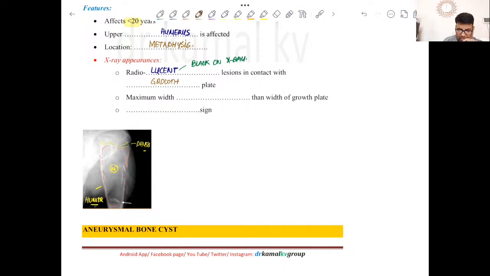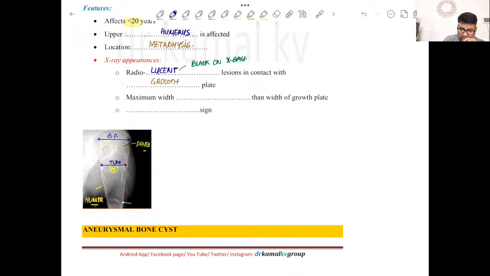Now what is very important to see here: if you take the entire extent of the growth plate, so this is the growth plate or physis, and if you take the entire extent of the tumor, it is shorter than the entire extent of the growth plate.